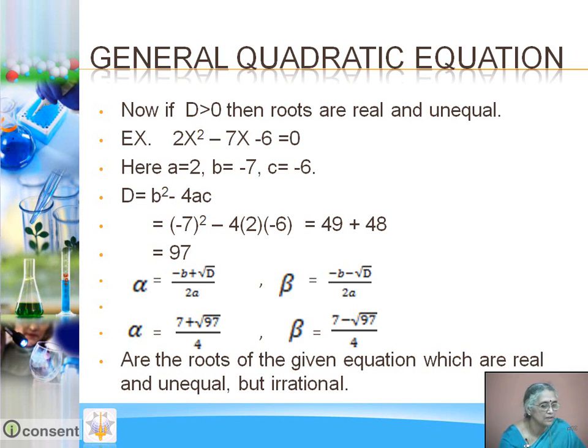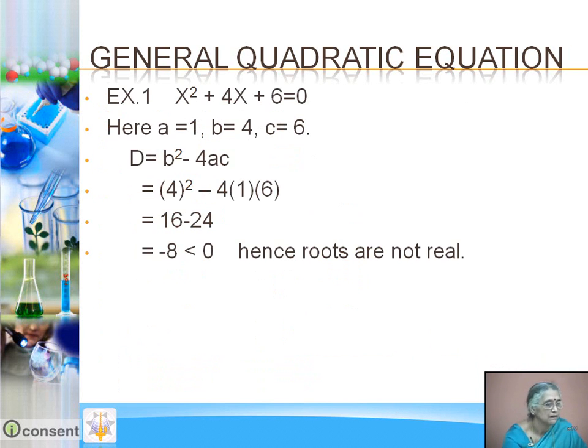We denote these two values, we use alpha for one value and beta for another. So alpha is equal to 7 plus under root 97 by 4 and beta is equal to 7 minus under root 97 by 4. So the roots of this equation are irrational, they are real and unequal.